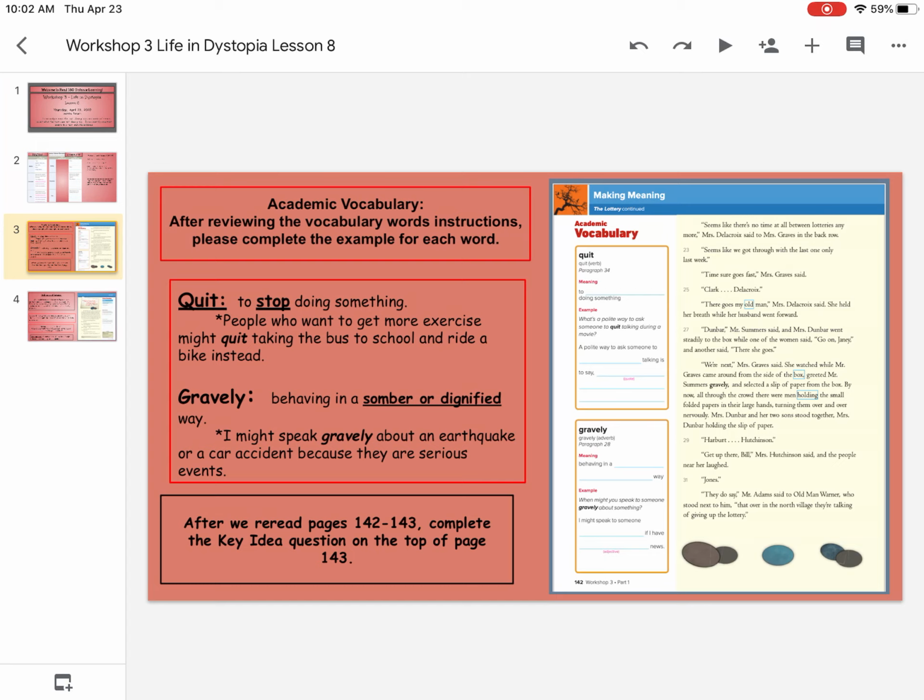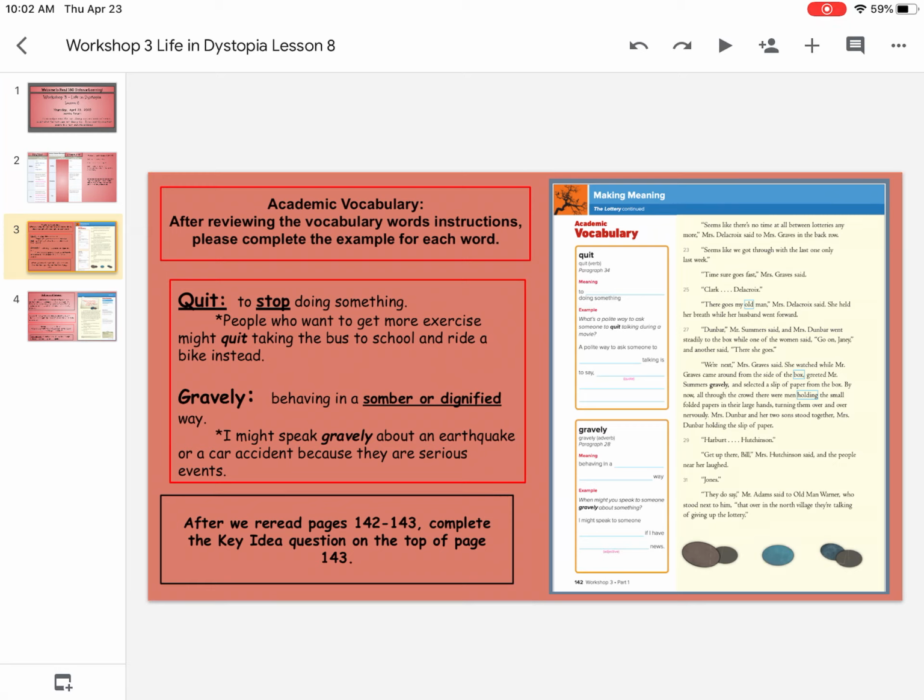So our first word is quit. And quit is a verb, it's an action word, and you'll see it in paragraph 34. And to quit means to stop doing something. So an example I might give to you is people who want to get more exercise might quit taking the bus to school and ride a bike instead.